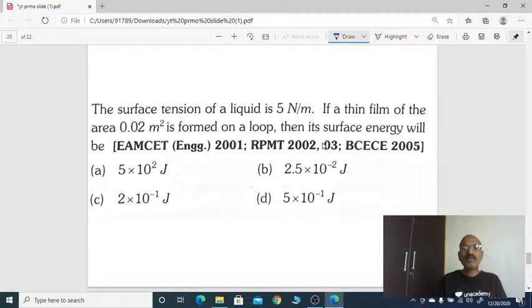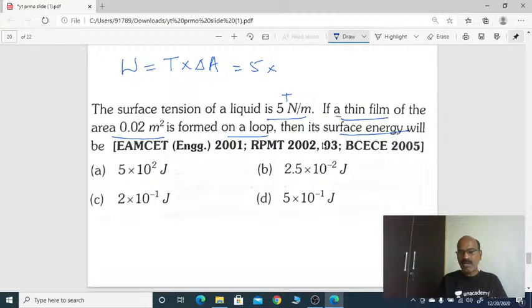The surface tension of the liquid T is given as 5 Newton per meter. If a thin film of area 0.02 is formed on the loop, then what is the surface energy? We know surface energy equals surface tension into increase in area. So surface tension 5 into increase in area. See that the thin film has 2 free surfaces.